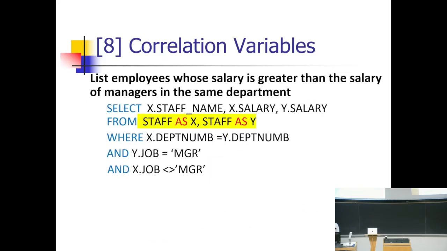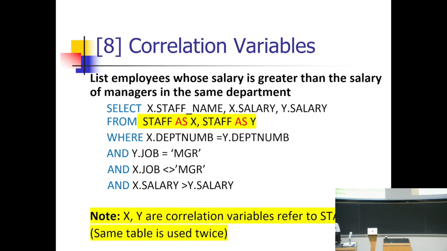Then we talked about correlation variables or self-join. The example was listing employees whose salary is greater than the salary of managers in the same department. If you look at this query, everything you need exists in the staff table, right? But you are comparing values in the salary column between two different rows in the same table.